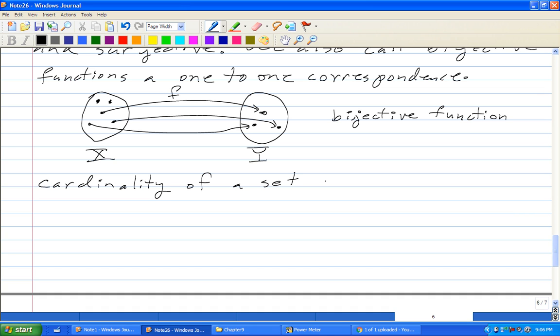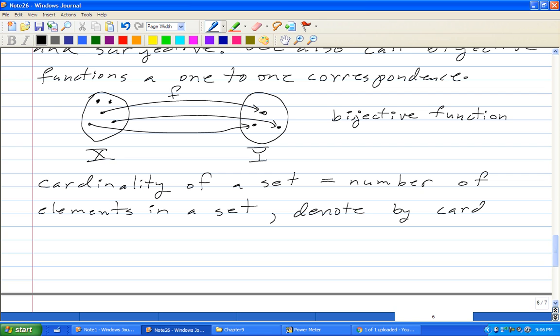The cardinality of a set is just the number of elements in a set. So the cardinality of A is just the number of elements in A, and we denote it by the cardinality of A.